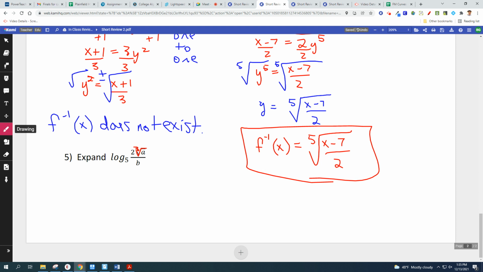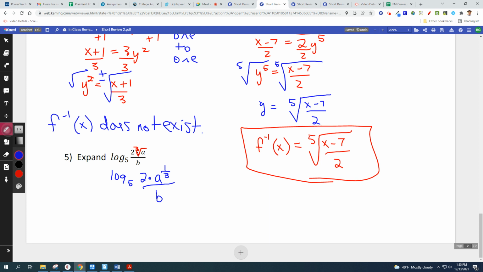So it might help you if you change it out of the radical notation and put it into exponential notation. So think of it as log base 5 of 2 times a to the 1/3 over b. And if you can get it into that form, maybe it looks more like something that we've talked about more.